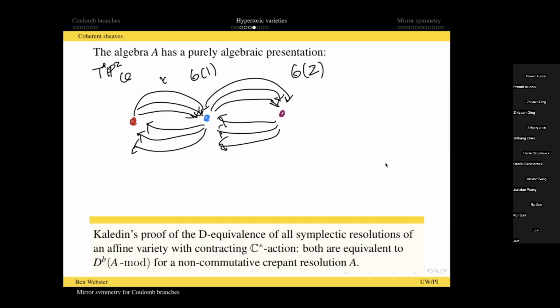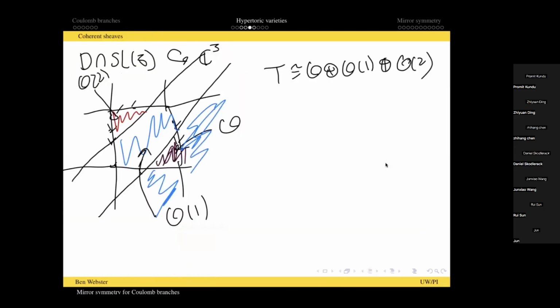So, these are x0, x1, x2, x0, x1, x2. And I have the usual relations in the Beilinson quiver that say that x0 times x1 is x1 times x0. And those all come from here. Well, there should be a good explanation of where they come from.